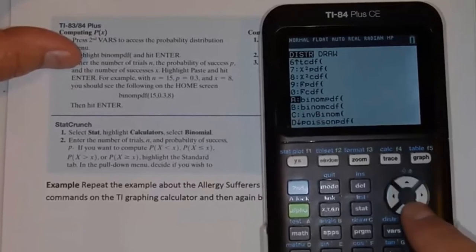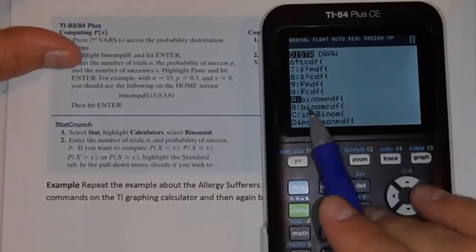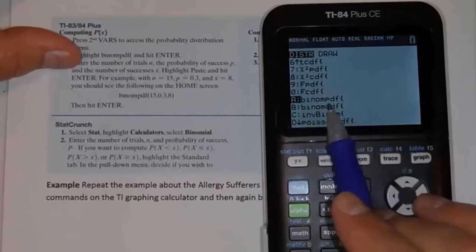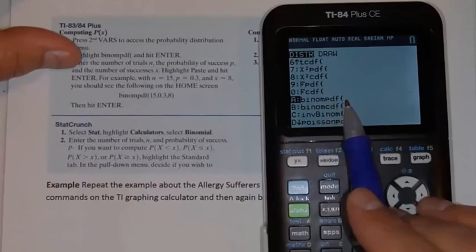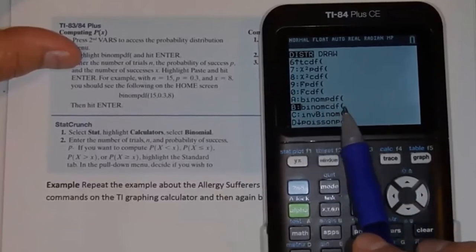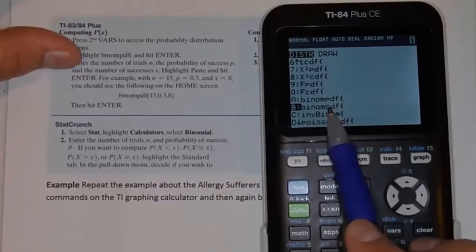On my calculator, I have 3 different commands involving binomials. I have binomPDF. Binom means binomial, and PDF stands for probability density function. I also have a binomCDF command. The CDF stands for cumulative density function.